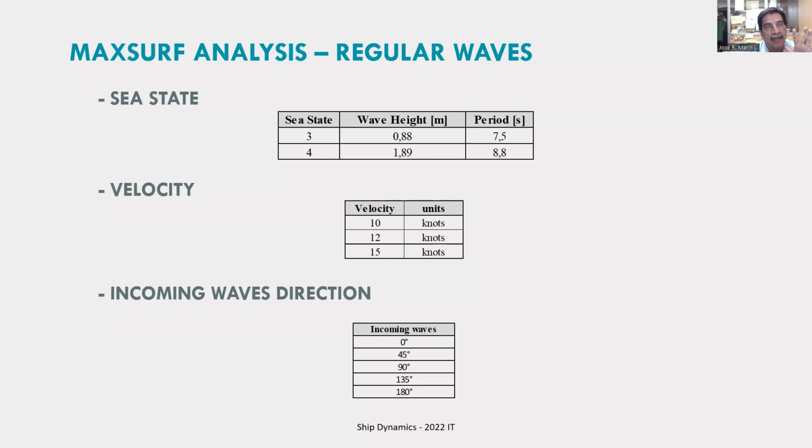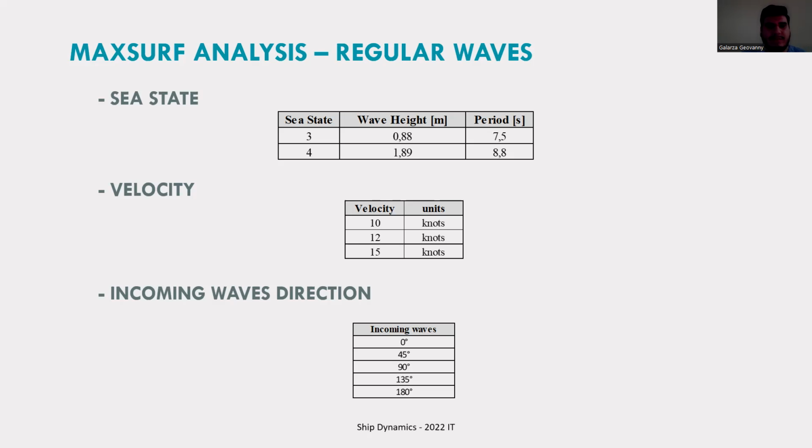Is this average? Is it maximum? You have to be clear, and also for the period. Sometimes you find it as a modal period or an average period, but please include the full information so we can have a better idea of the sea state. Go on.